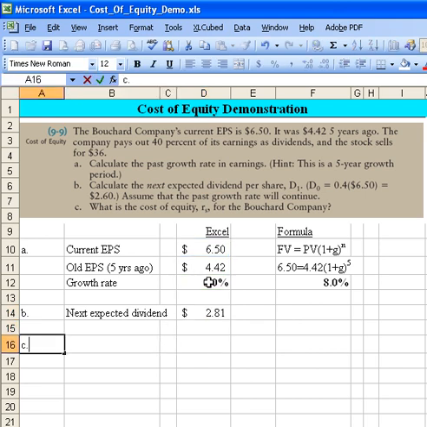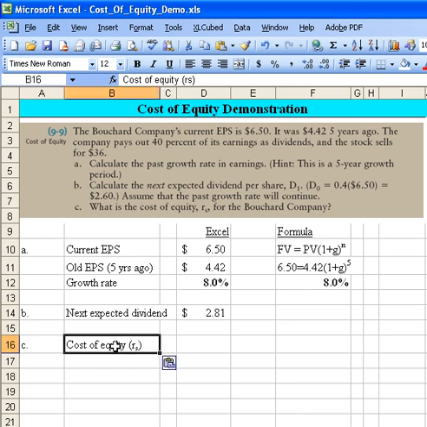Okay, so if we've done that, what we have left to do is calculate the cost of equity, which is R sub S. Now, rather than me formatting that in front of you, let me just copy that over from off screen. And in this one, we need to work with a formula.